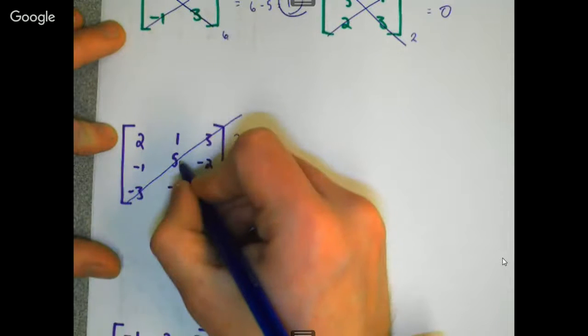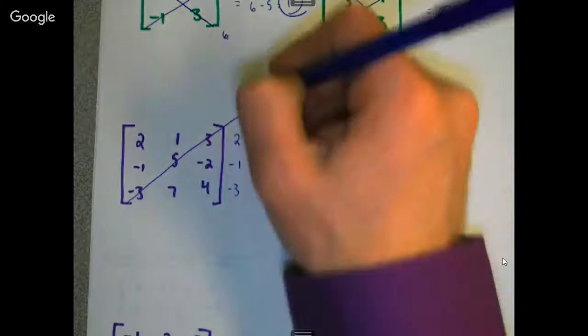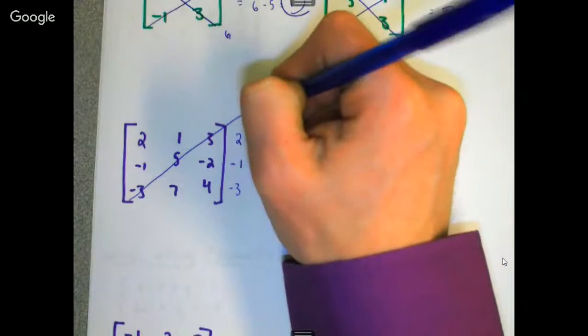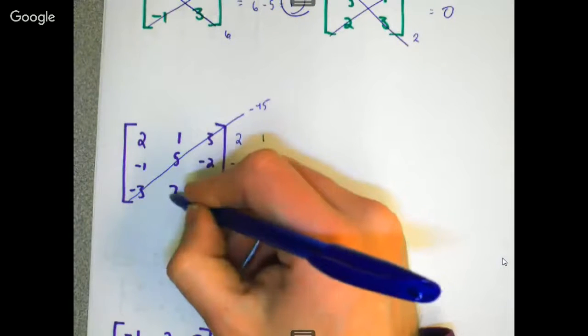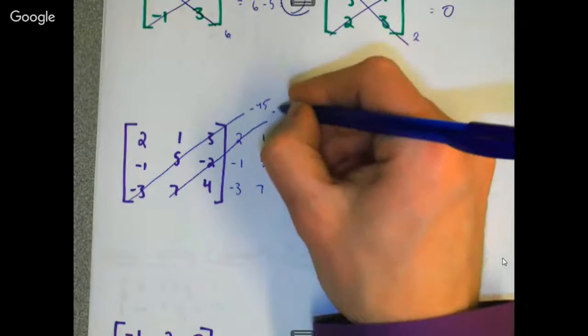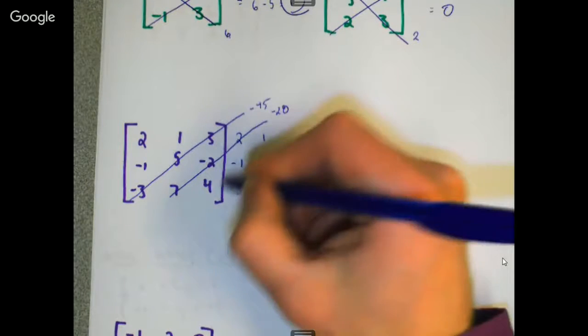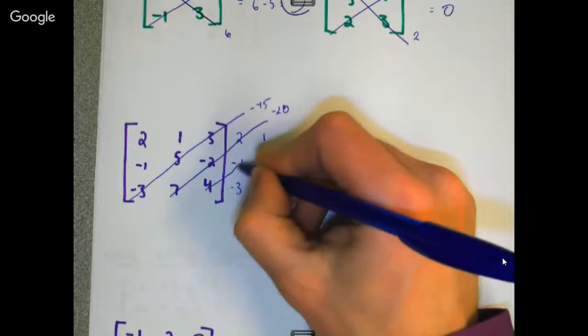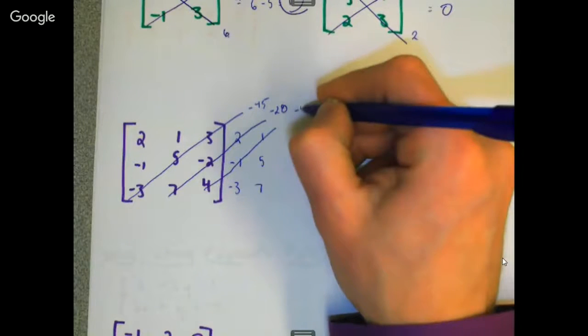-3 times 5 times 3, -45. And then we have 7 times -2 times 2, -28. And then you have 4 times -1 times 1, -4.